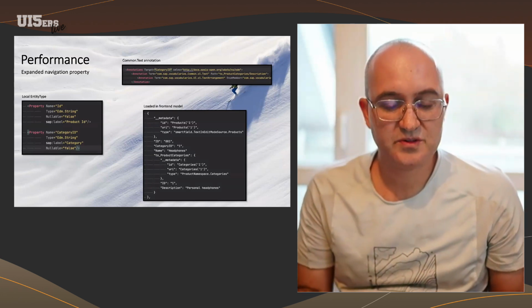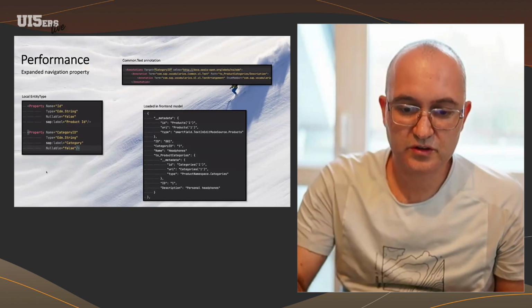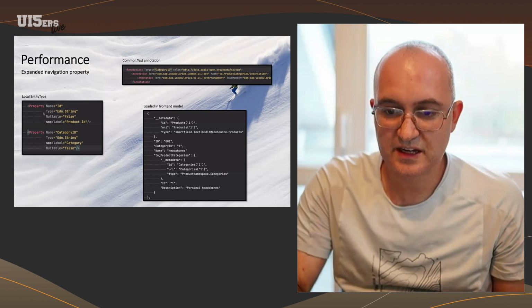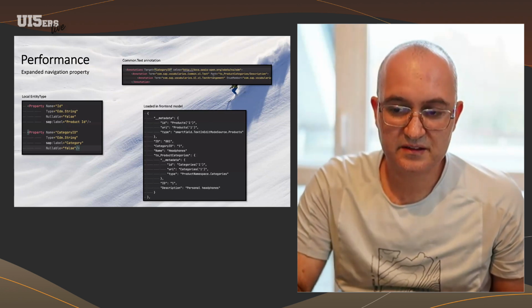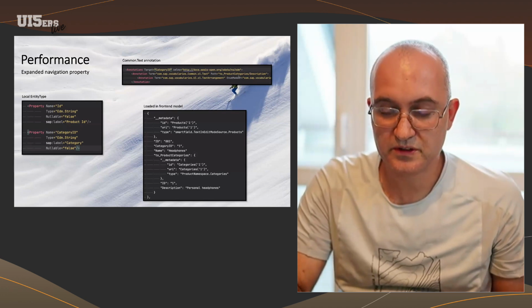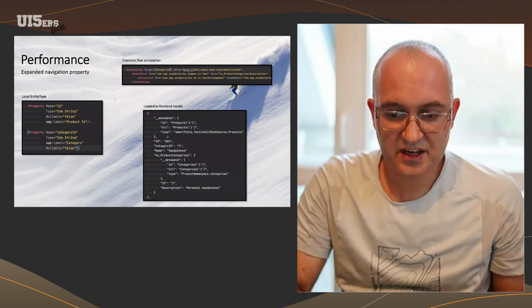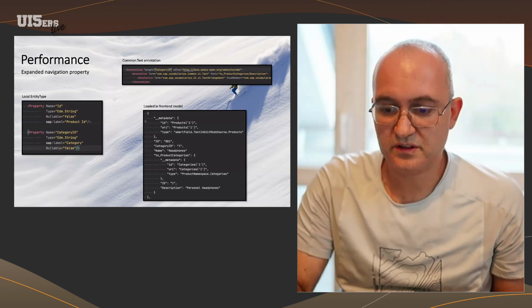This is a navigation property when the text is not part of the main entity type, but the backend exposes this relation between the two tables with a navigation. And this navigation is what is loaded in the front end model.